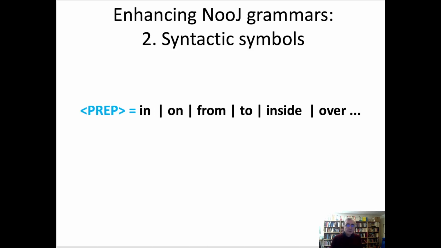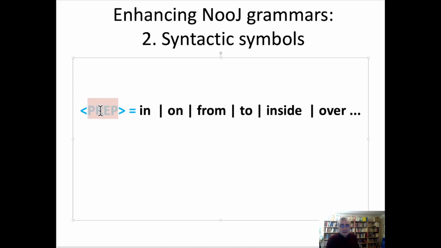So there is a syntactic symbol, between angle brackets, the prep syntactic symbol, which is just an abbreviation for all the words that are described in the dictionary as being associated with the code PREP.